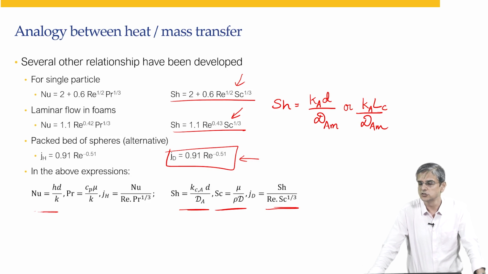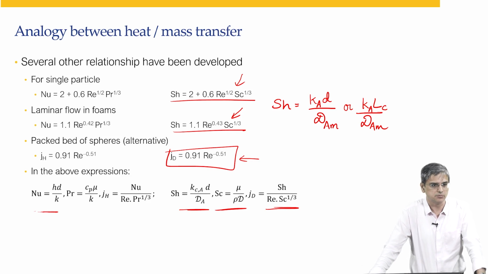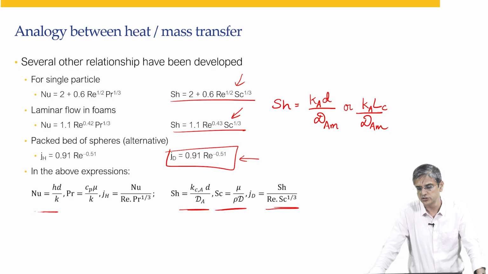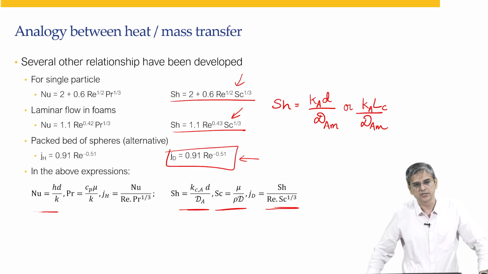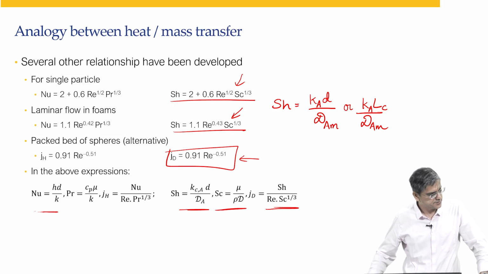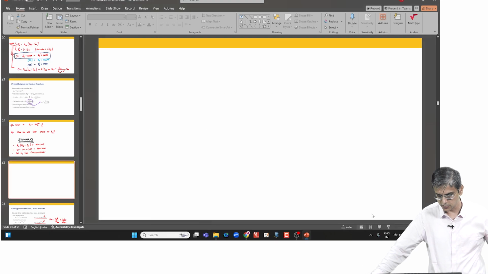So most of the time it's a matter of substituting in the right expression and getting the value of Sherwood number or JD, and from JD and Sherwood number you will then get the value of Kc. That is how you are going to calculate. Those are the two problems that you are going to solve for today. Any questions? You can get started if you have not already gotten started.